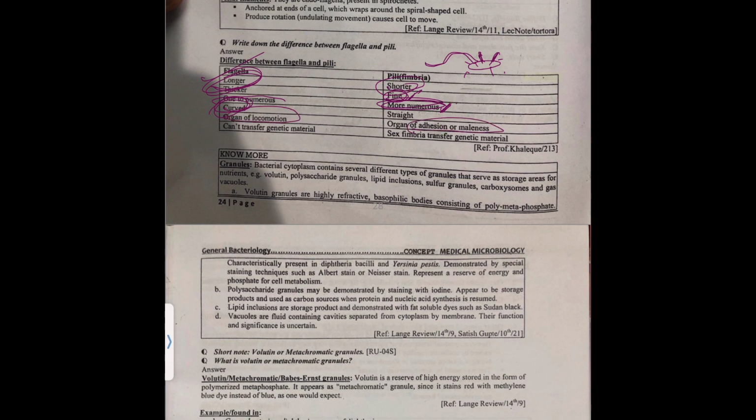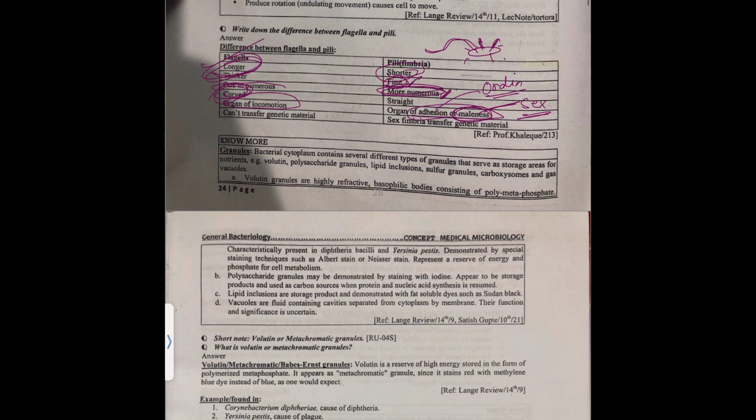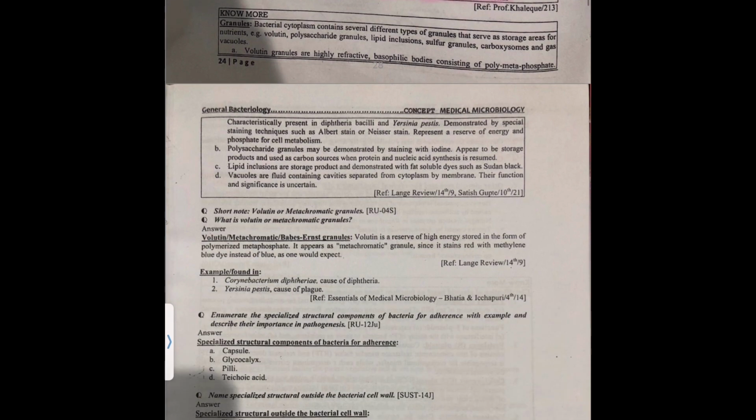Pili is the organ of adhesion or maleness. Adhesion because the ordinary pilus helps in adhering, and maleness because the sex pilus helps in donating genetic material. From the donor male, the recipient female receives information. Clear? Flagella cannot transfer genetic information, but pili, on the other hand, sex pili, transfer genetic material.